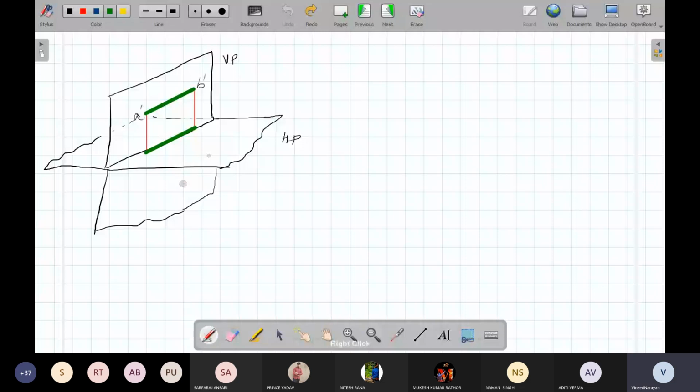So if you draw, this left side drawing is for your understanding. You need not draw this. This is for your imagination.